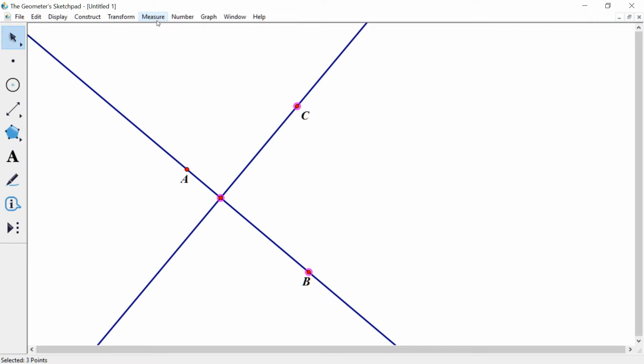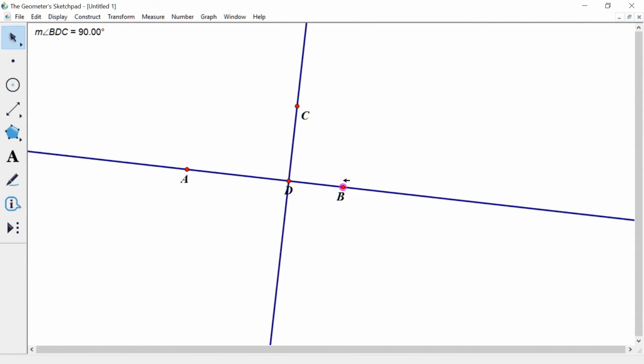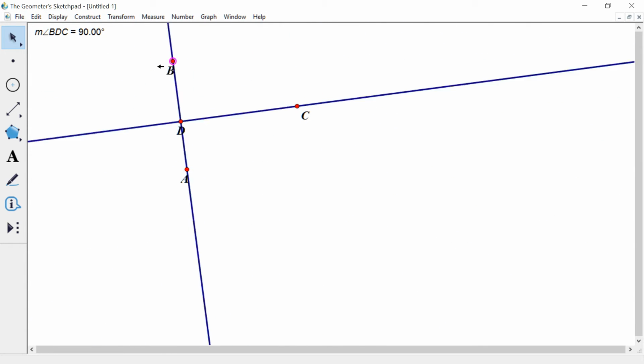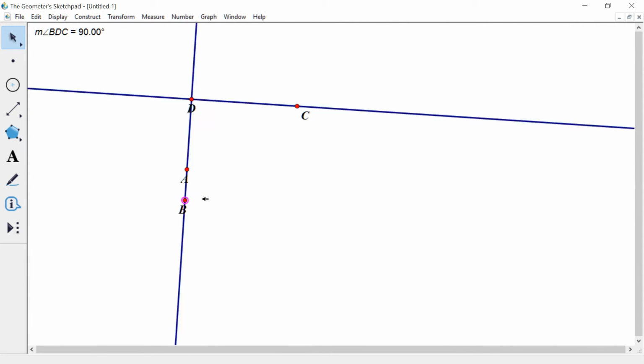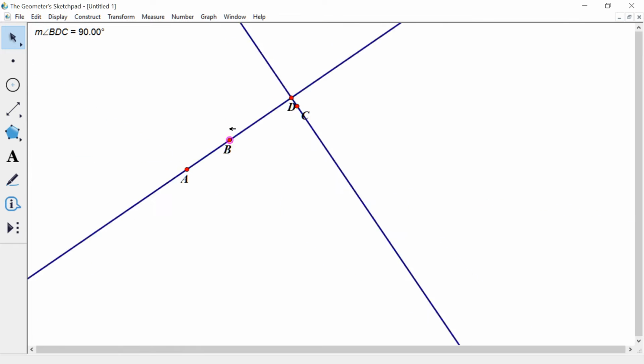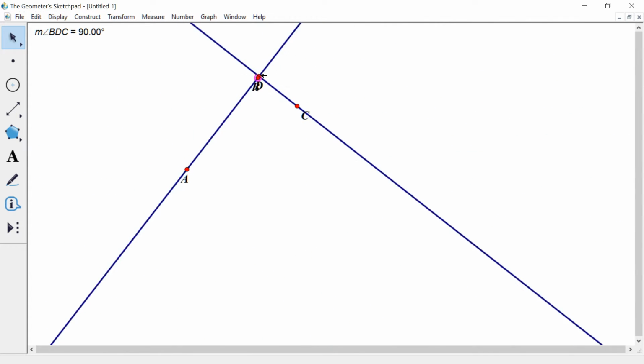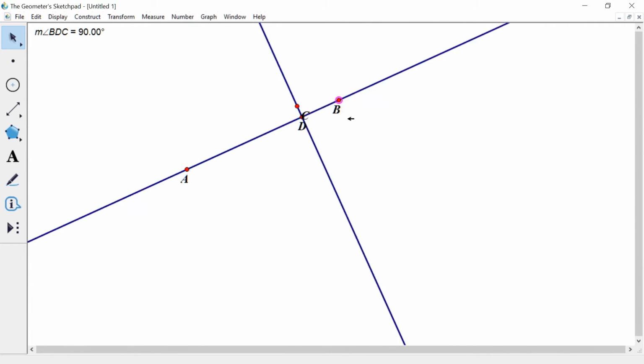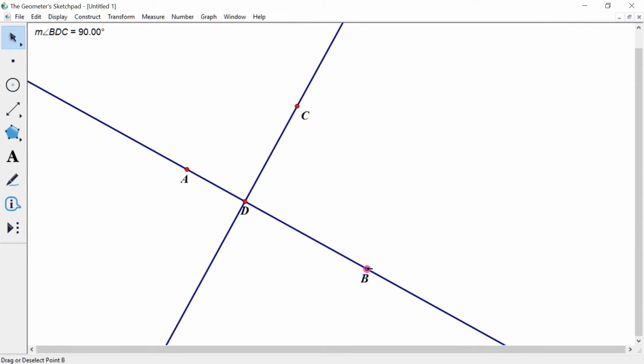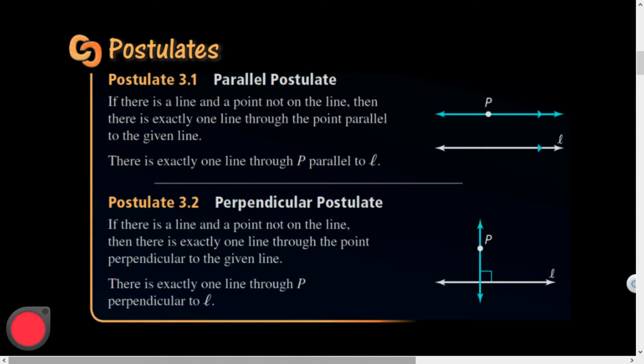And if I go to measure angle, 90 degrees, no matter which way I draw it, it's always 90 degrees. Wow, I like that. Whoa, if I figure eight, that's pretty crazy. Anyways, there you go. So that's the perpendicular postulate. There can only be one.